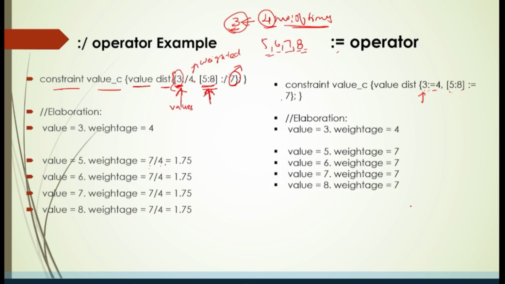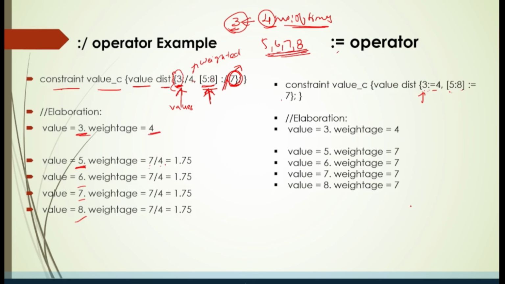When you are using colon equal to here, each of these 4 values gets the weighted distribution; that means 5, 6, 7, 8 will each have that weight, just like when you give 3, the 3 comes 4 times.